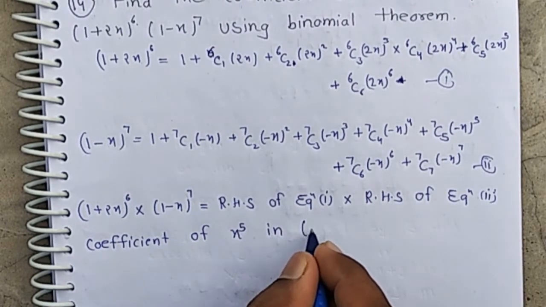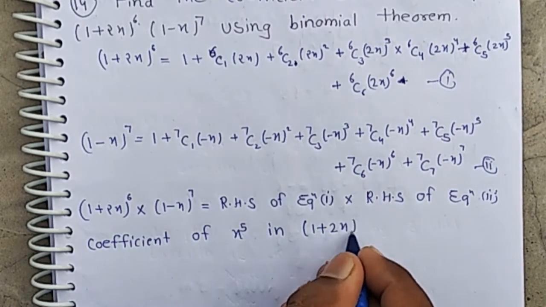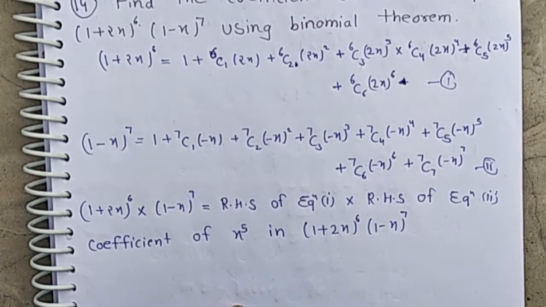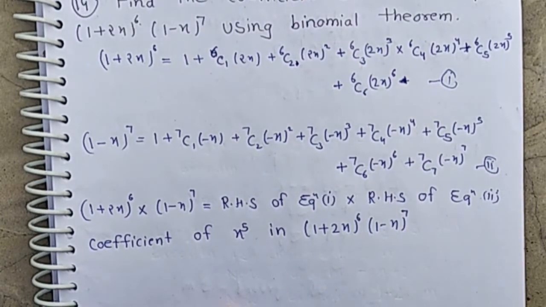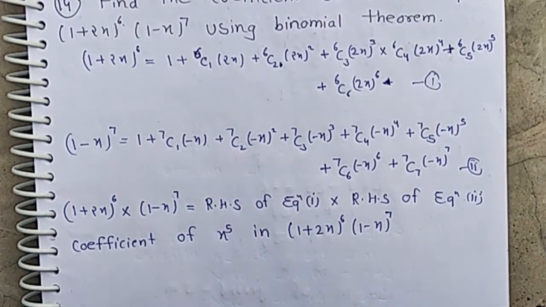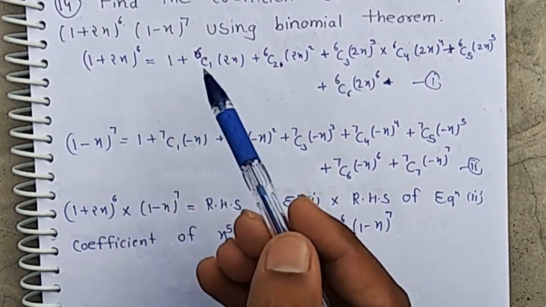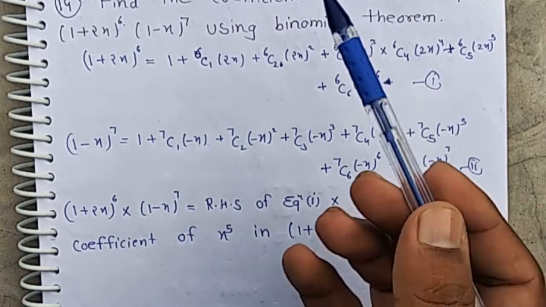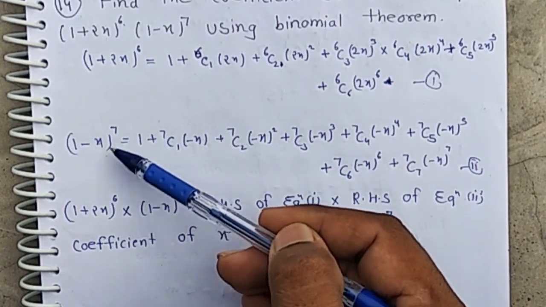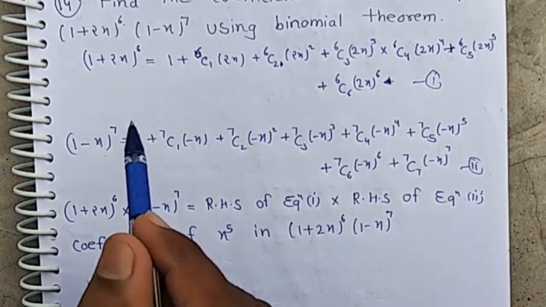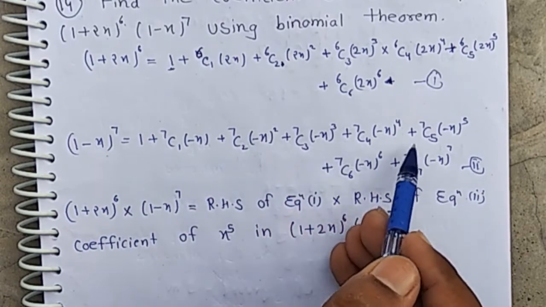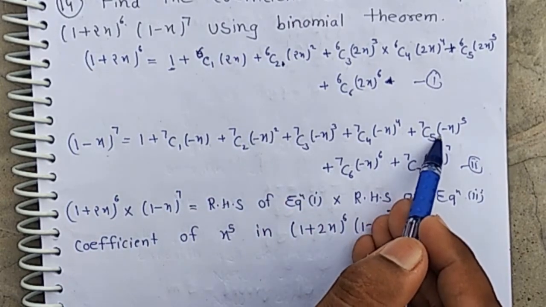In (1 + 2x)^6 (1 - x)^7, the coefficient of x to the power 5 is obtained when 1 is multiplied by this term.